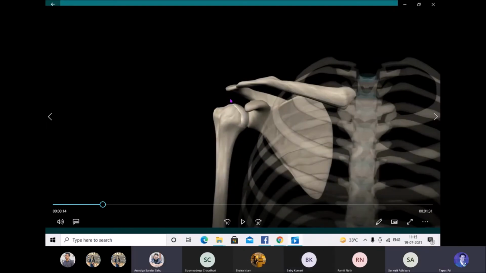Supraspinatus tendon, তাই তো? So supraspinatus tendon and the subacromial bursa. So where exactly I kept the mouse cursor now, that is the region where the supraspinatus tendon and the subacromial bursa is present. Now done. So this is the anatomical structure consideration for the shoulder girdle.